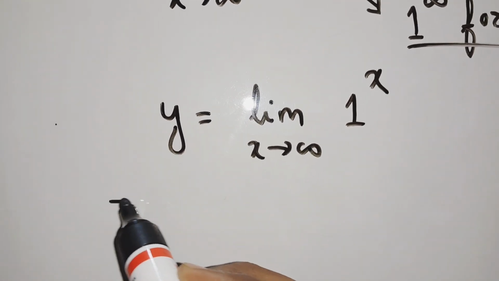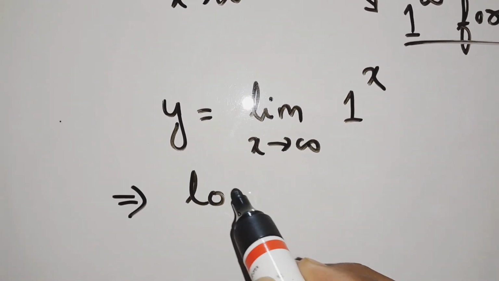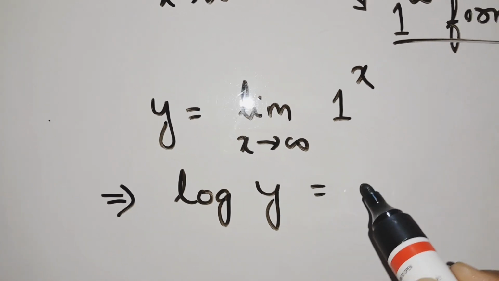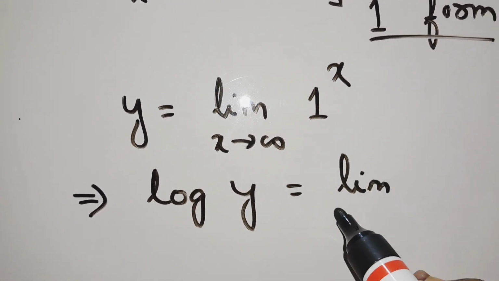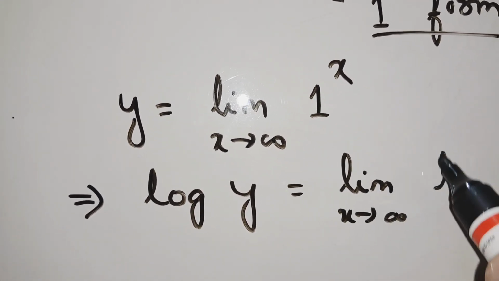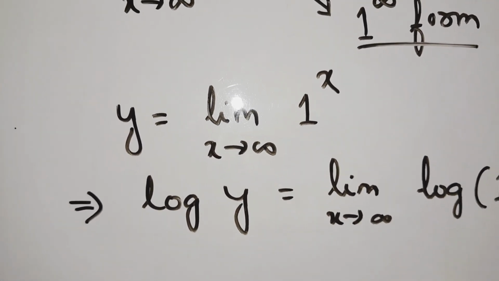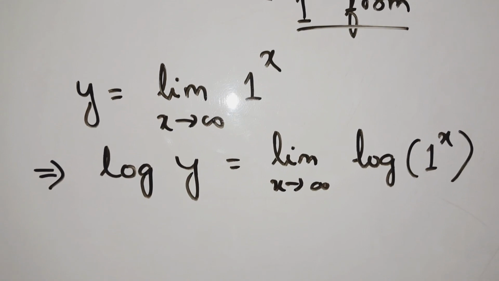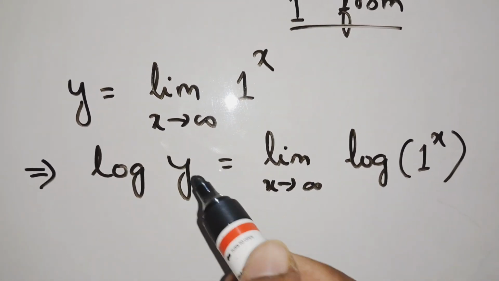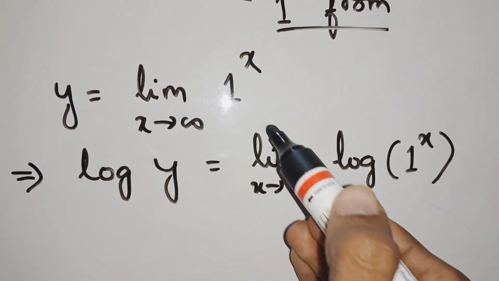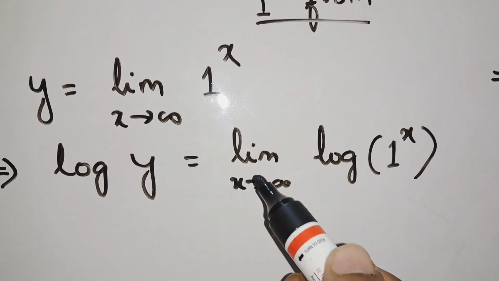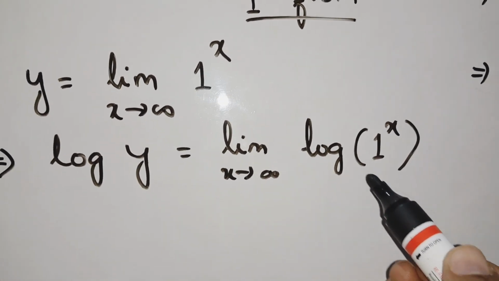Now proceeding in the previous way, which was told to us, log y is nothing but limit x tending to infinity log of 1 to the power x. Okay, and because log can be taken inside the limit, and the log of a limit is the limit of the log, it is nothing but this.